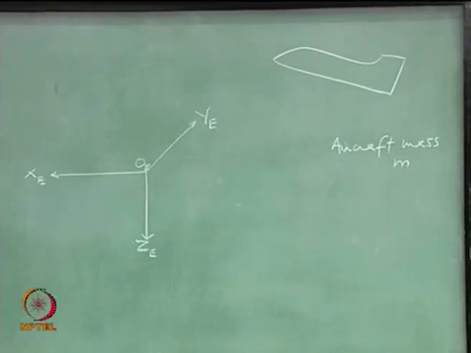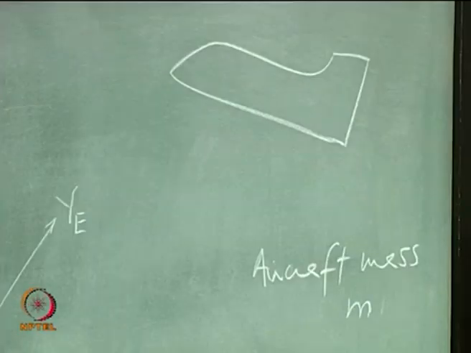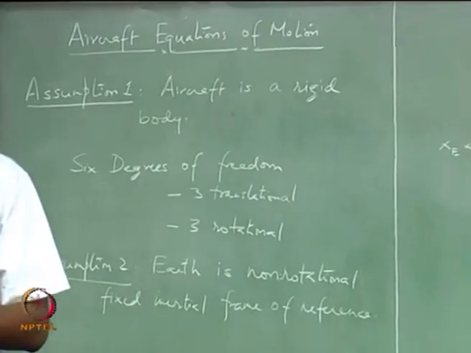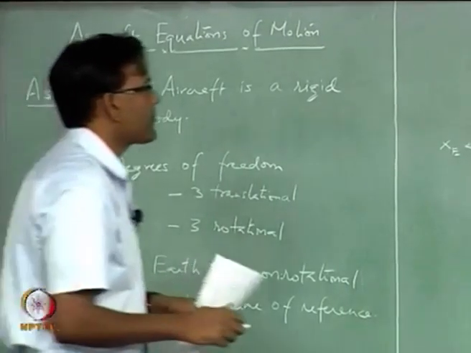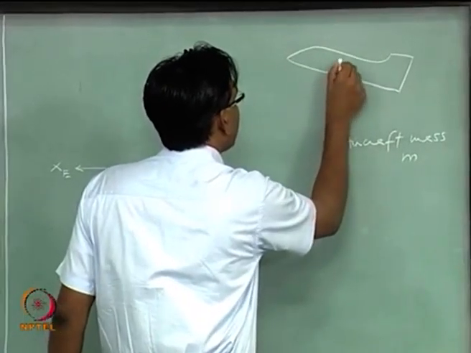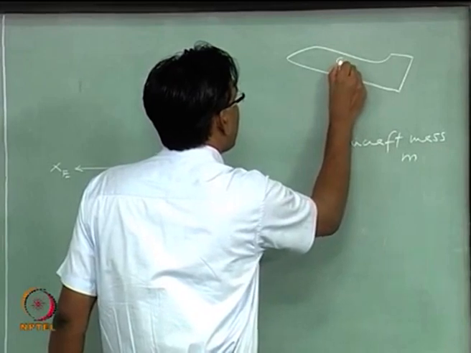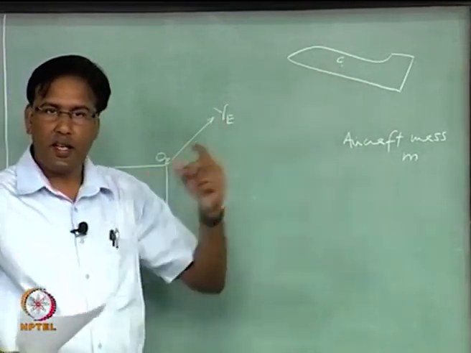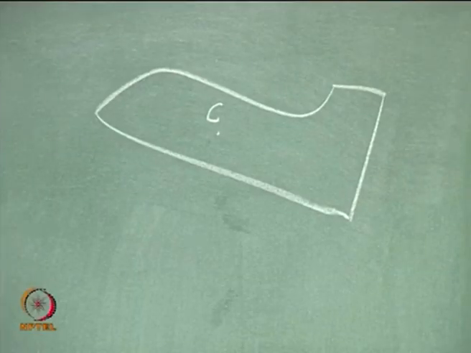So, this assumption automatically means that there is no relative motion between any 2 points on the aircraft, right. Let us call this point C as the center of mass of the aircraft.